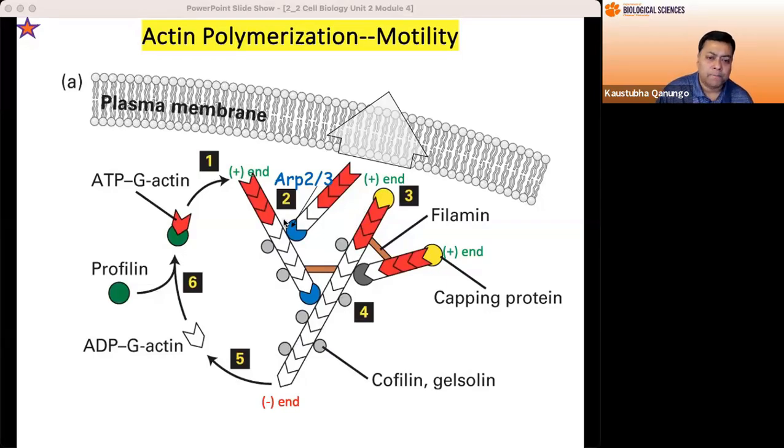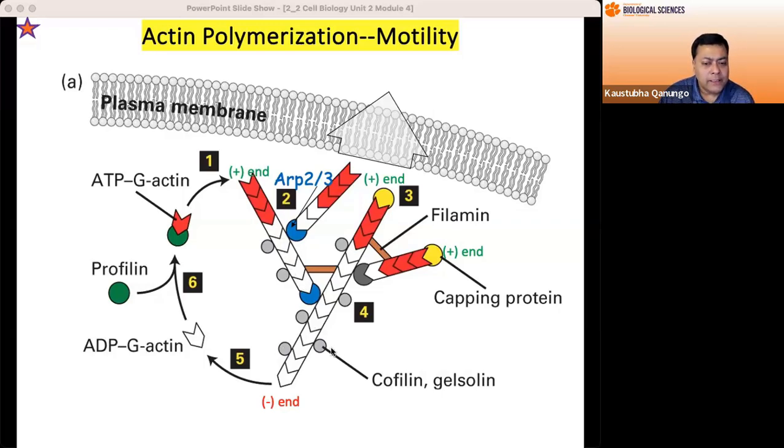If you take a look, this is a plus end right here. This is an ARP2/3, and this is a plus end. What it shows is that you have profilin, and this is ATP G-actin. They are being added to the barbed end. The white parts show that they are now hydrolyzed into ADP.